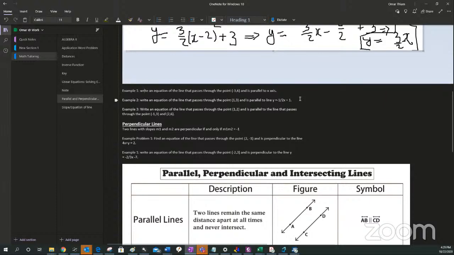So example 2 is: write an equation of the line that passes through the point (1, 3) and is parallel to the line y equals negative 1/2 x plus 1. Let's try that for 2 minutes.